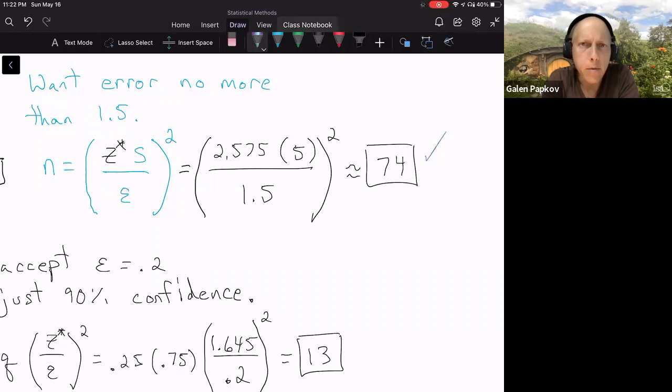And if you think about it, you'll realize, well, if I was using T star and I need to find it, that table requires degrees of freedom, and degrees of freedom is n minus 1. But the whole point of what we're doing here is we don't know n. And so you can't find a value for a concept that's dependent on that value. So that's why even if you don't have sigma, you're going to estimate using Z star. Right? So if you weren't sure why I didn't make that switch here in the formula, that's the reasoning.